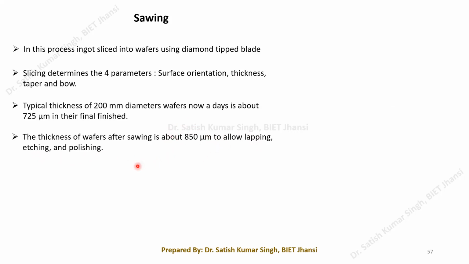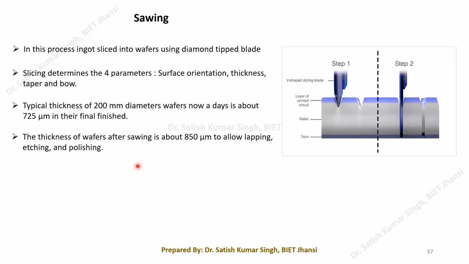Now one more very important thing to remember is this particular picture, which I have just taken from the internet. This is just for representational purposes, not the actual picture. But one thing I would like to mention is that any cutting tool, like the diamond tipped cutting tool that we are going to use, itself has a certain width.